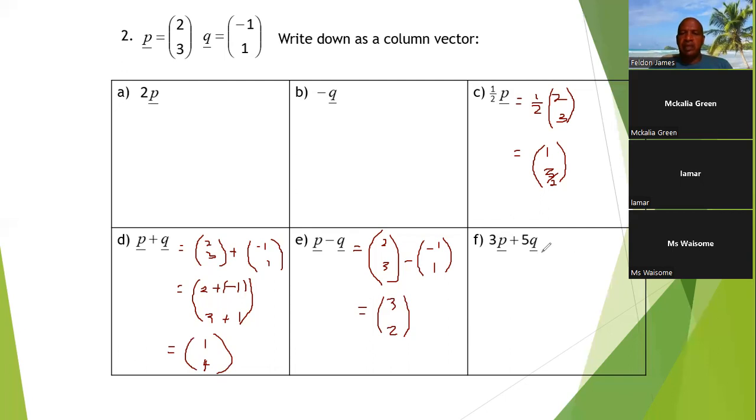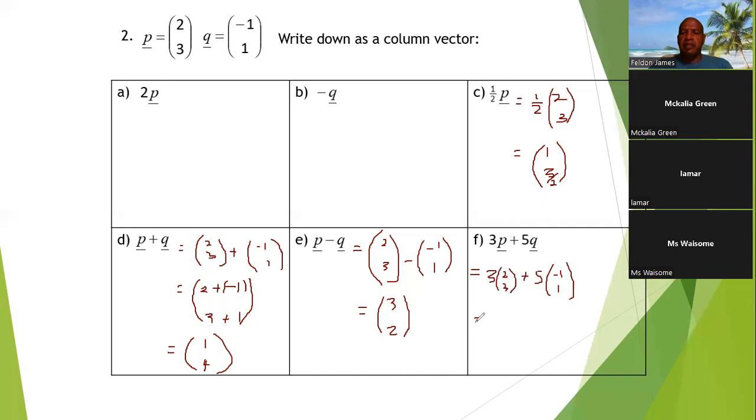So here now, for 3P plus 5Q, what would that be? So 3 times P, remember P is the vector 2, 3, and you add it to 5 times Q, the vector negative 1, 1.